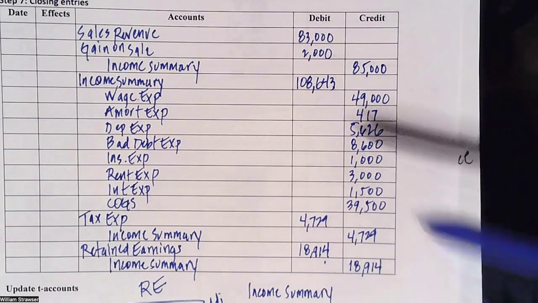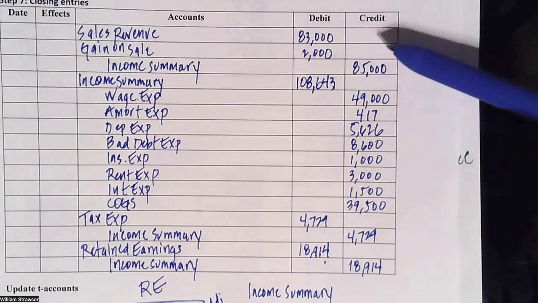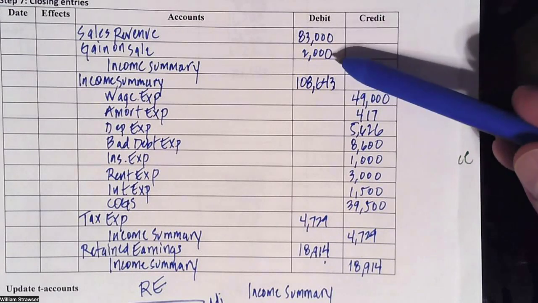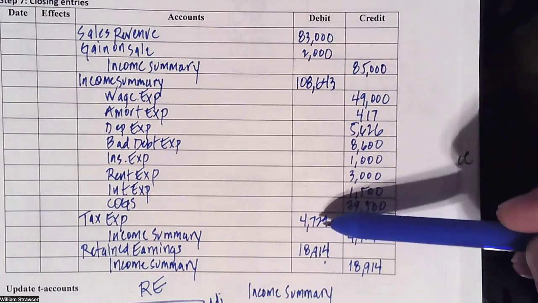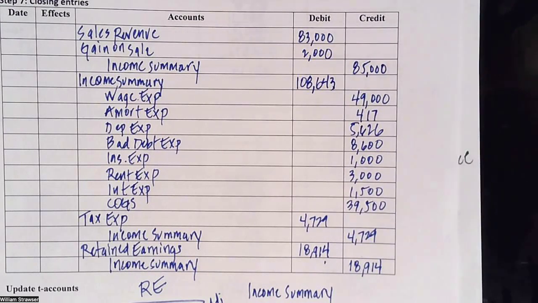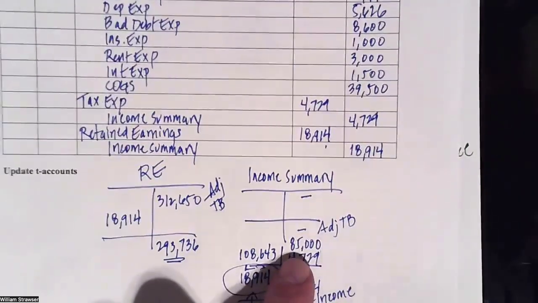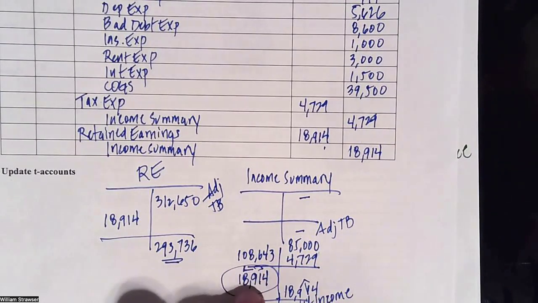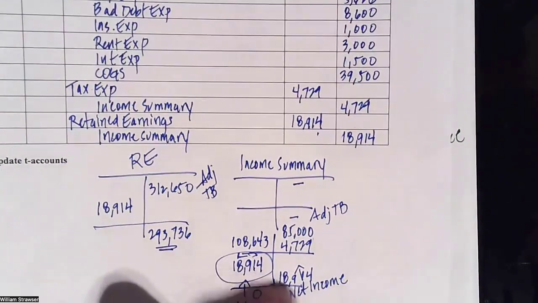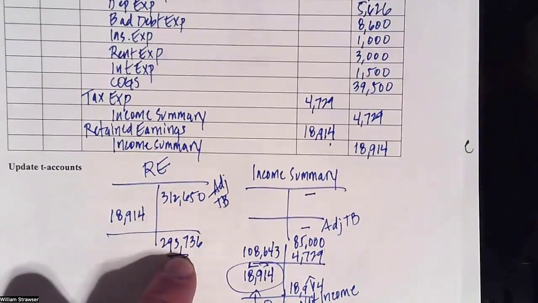So what changed was all of our expense accounts, our revenue and gain accounts, because all of those were set to zero with those closing entries. They were all closed into the income summary as income increasing accounts and income decreasing accounts to get the net loss. We then closed that net loss into retained earnings, which altered our retained earnings number.